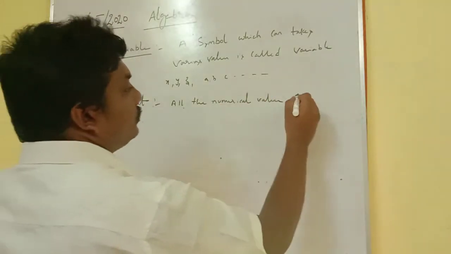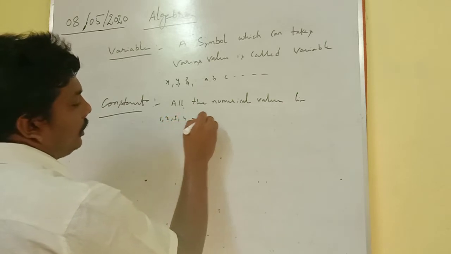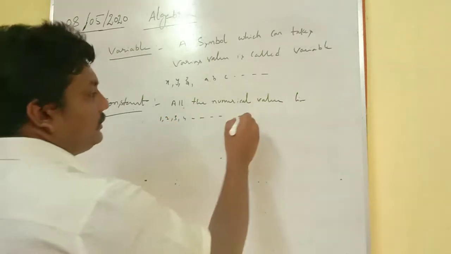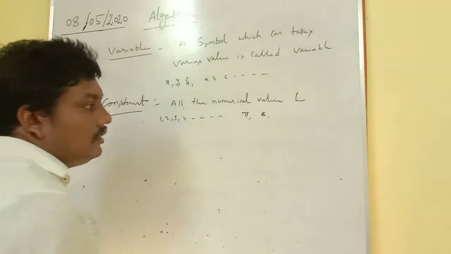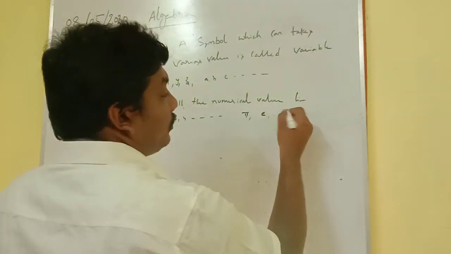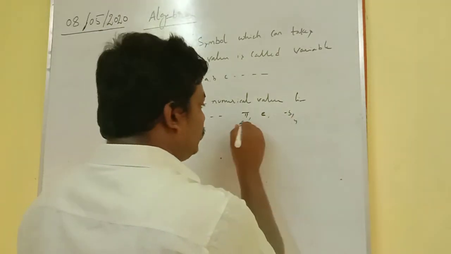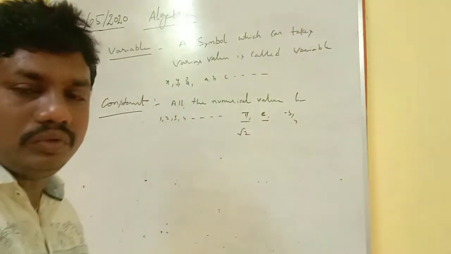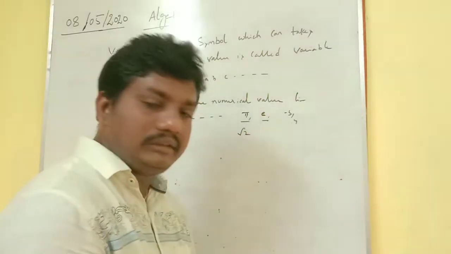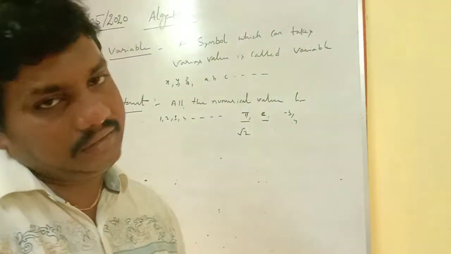All the numerical values like natural numbers 1, 2, 3, 4 and so on, or symbols like pi or e, are all constants. You can take minus 3 by 4, rational numbers also, and irrational numbers like root 2. Everything in the number system, all the numbers, we are considering as constants.